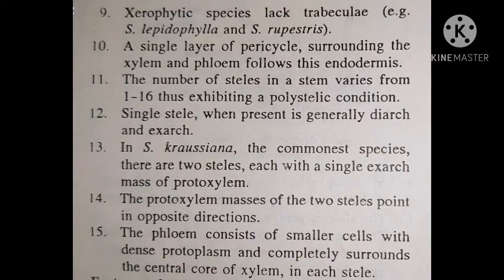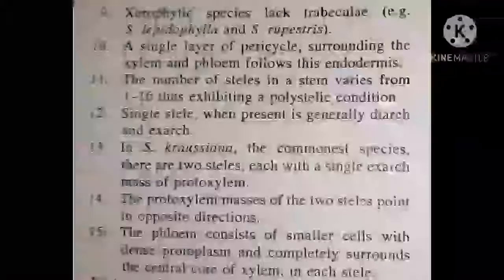Otherwise the trabeculae are elongated from cortex to the pericycle, and the trabeculae are nothing but a radially organized endodermis of the stem. There is a single layer of pericycle. This pericycle surrounds the xylem and phloem.